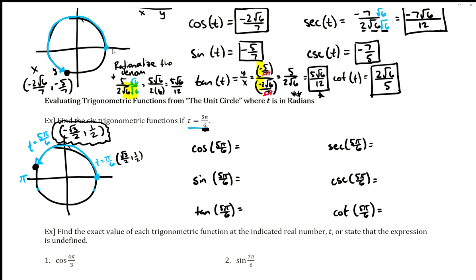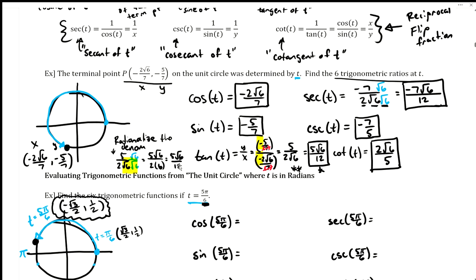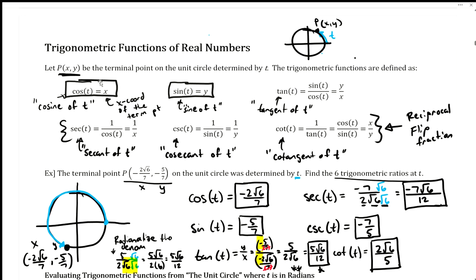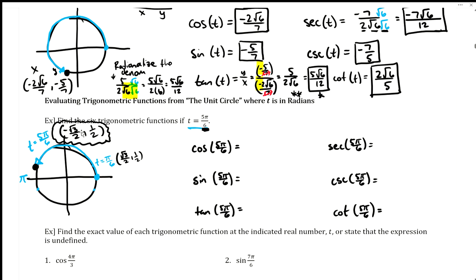We remember our cosine function is based on the x-coordinate. Cosine of t is the x-coordinate of the terminal point. Our x-coordinate in this problem is the negative radical 3 over 2. That's it, done. Then sine of 5 pi over 6 is the y-coordinate of that terminal point, which we can see is 1/2.